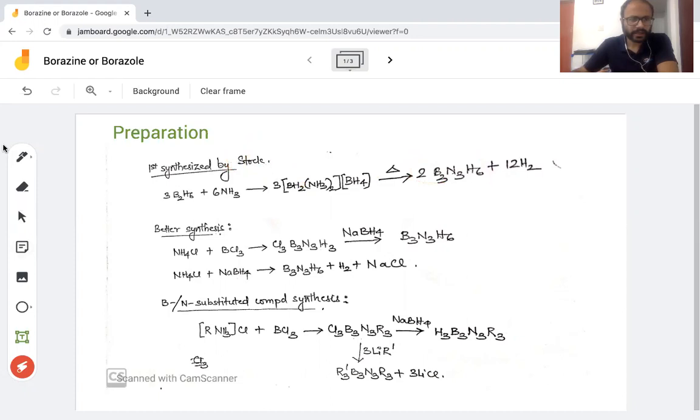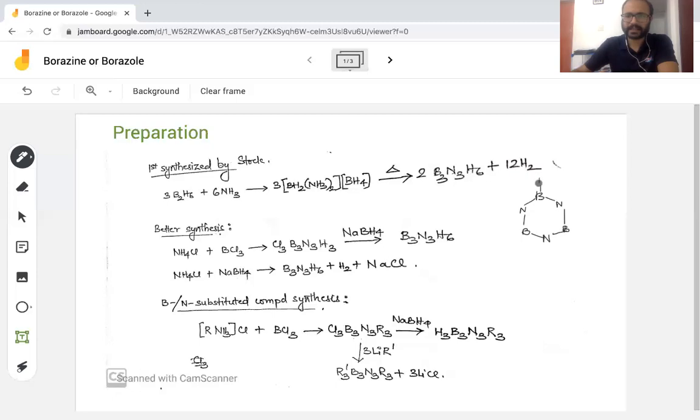Now, structurally, Borazine looks like an alternating network of boron and nitrogen arranged in a hexagonal manner.